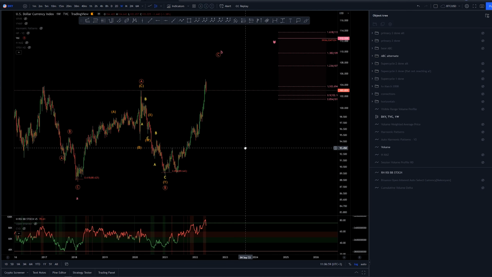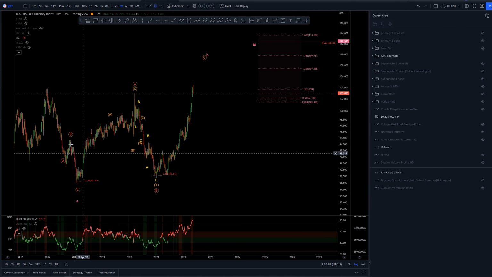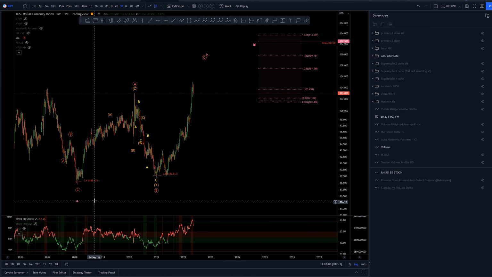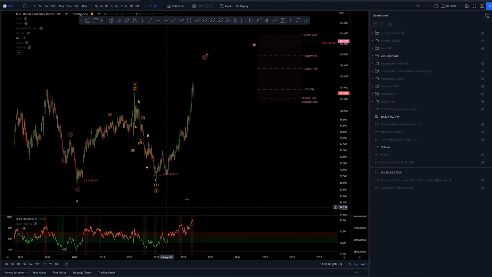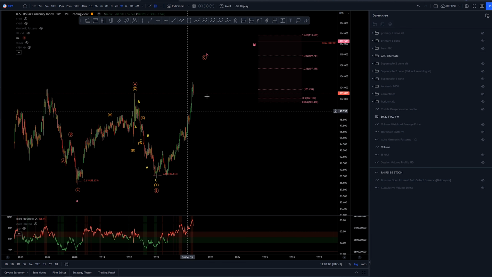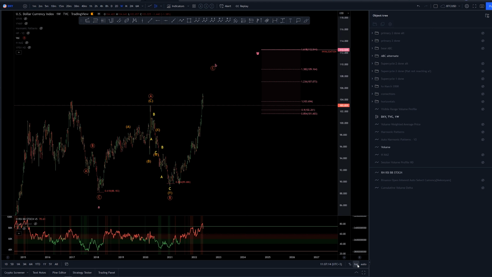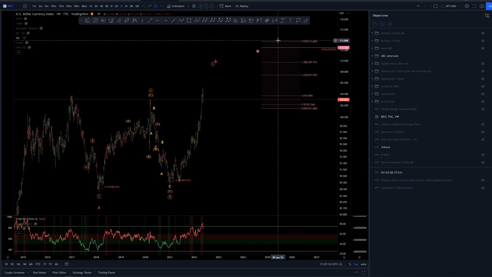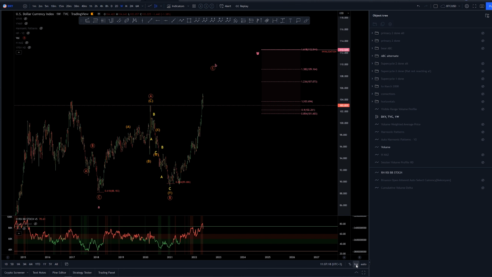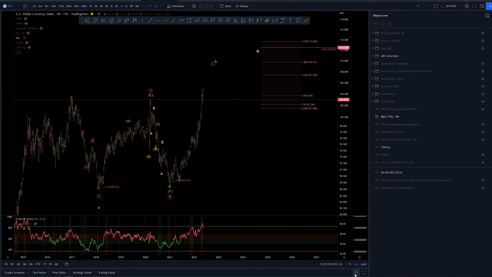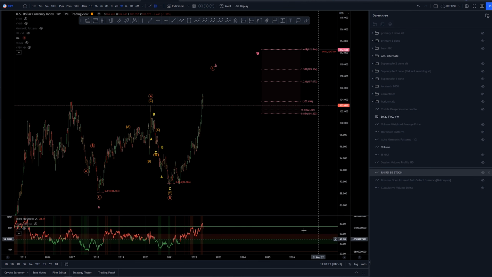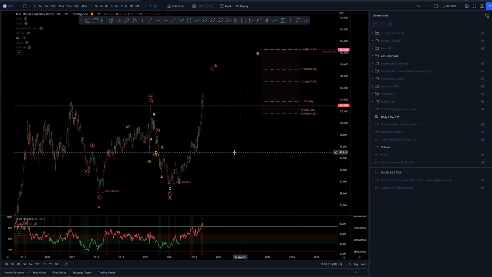The other possibility was this one, where we had again ABC here into A, and this whole structure in the middle is actually the B wave. Depending on which one we're looking at, let's take 112. Yeah, this invalidation is closer, so let's play with that.